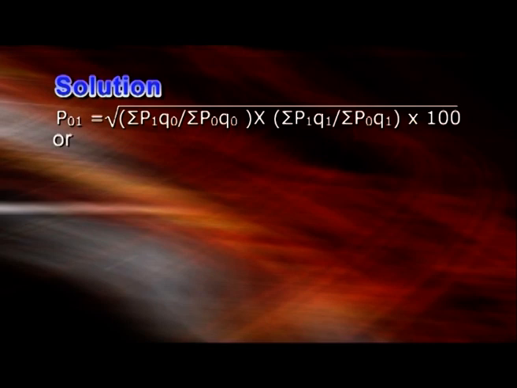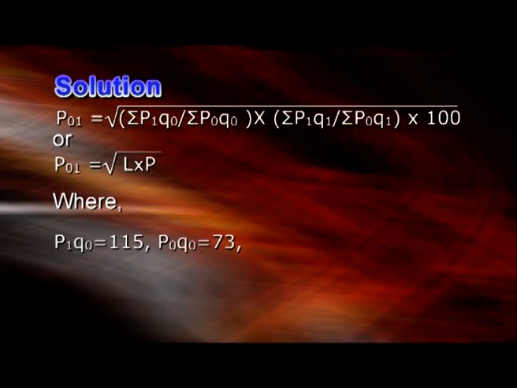Or it can be the geometric mean of the product of last year's index and past year's index, wherein the value of P1 Q0 is equal to 115, P0 Q0 is equal to 73, P1 Q1 is equal to 145, and the value of P0 Q1 is equal to 101.